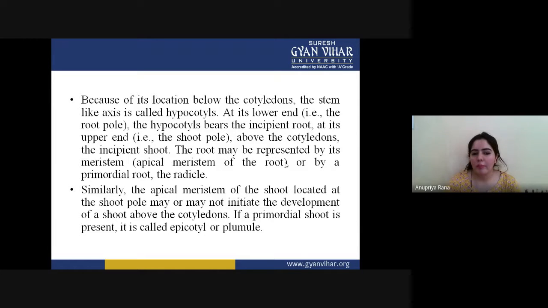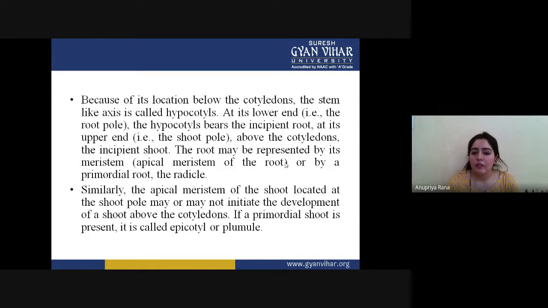may not initiate the development of a shoot above the cotyledon. So sometimes the apical meristem of the shoot is located at the shoot pole, but cannot initiate the development of the shoot above the cotyledon. They are present there, but cannot initiate that.